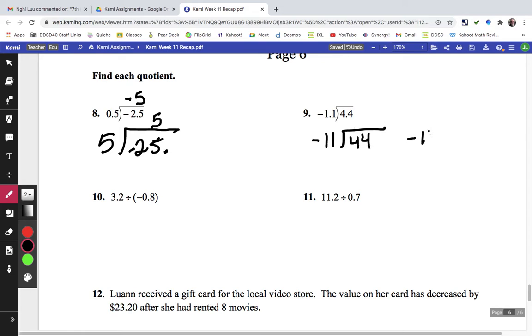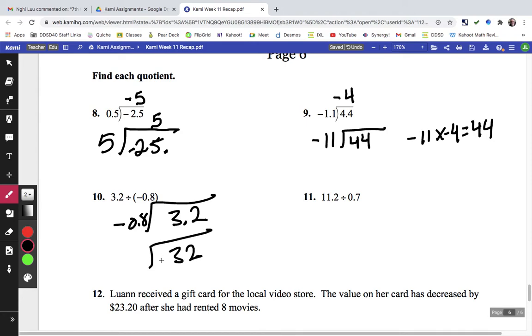And negative 11 times 4, excuse me, is 44. So the answer is negative 4.